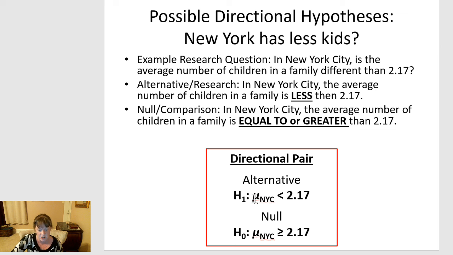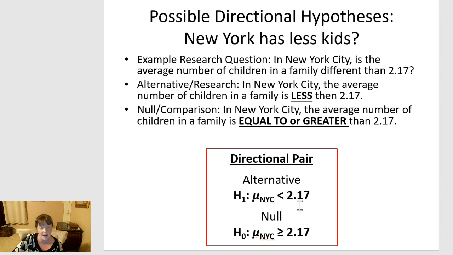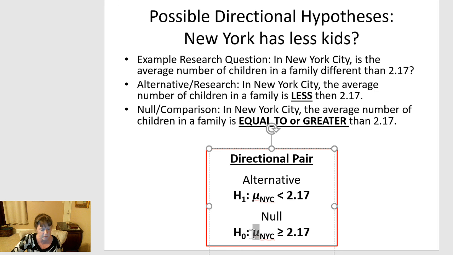She's looking to establish evidence that the average in New York City, mu for New York City, is less than 2.17 so that she can raise the alarm and bring people's attention to this possible problem of fertility in New York City. So she creates this comparison null hypothesis, H sub 0, where the average mu in New York City is greater than or equal to 2.17.